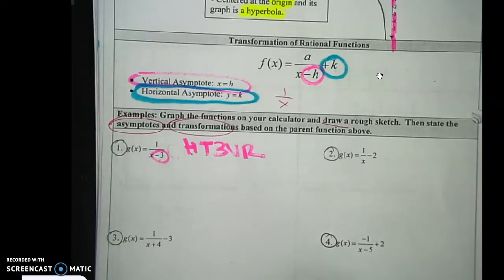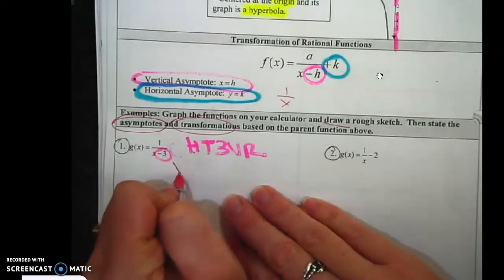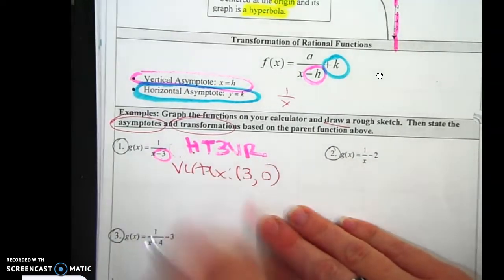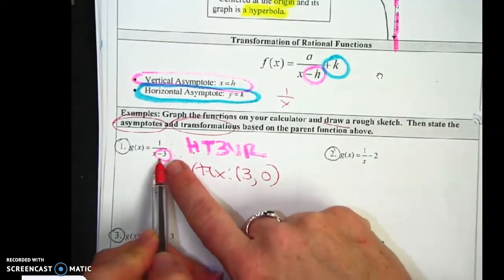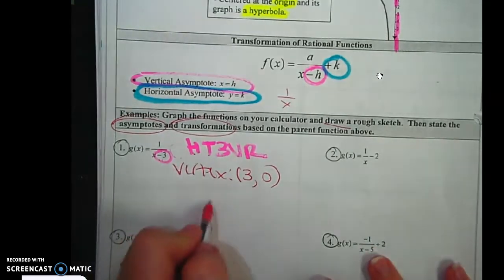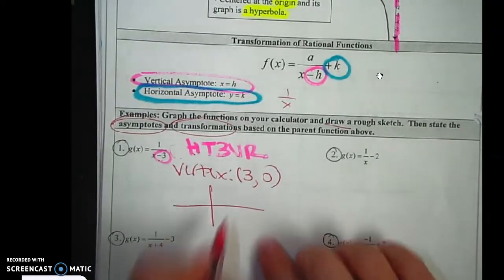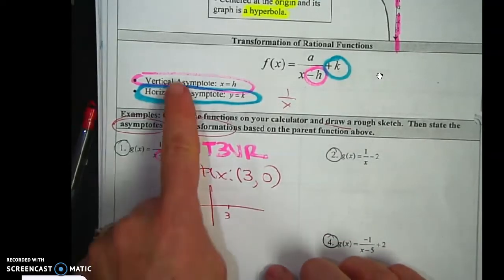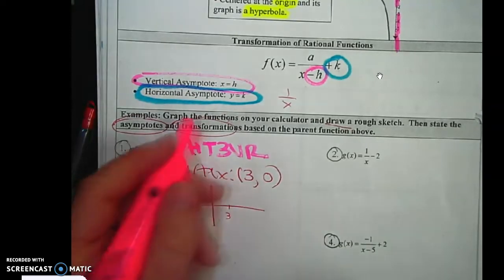Okay? What would that mean the imaginary vertex would be? The imaginary vertex would be 3, 0. And remember, when it's with the x, it's not a straight shooter. Okay? So let's actually graph it. And of course, the value 3 is going to be kind of important. So I will have a vertical asymptote of 3.